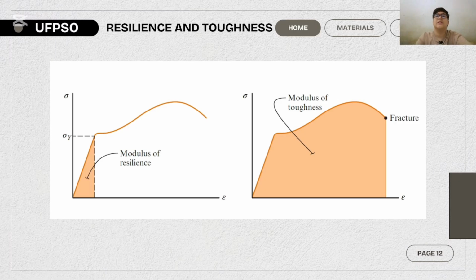In this image we can see that the resilient material only accumulates energy in the area under the curve up to the elastic limit. With toughness, it accumulates energy in the entire area under the curve up to fracture.